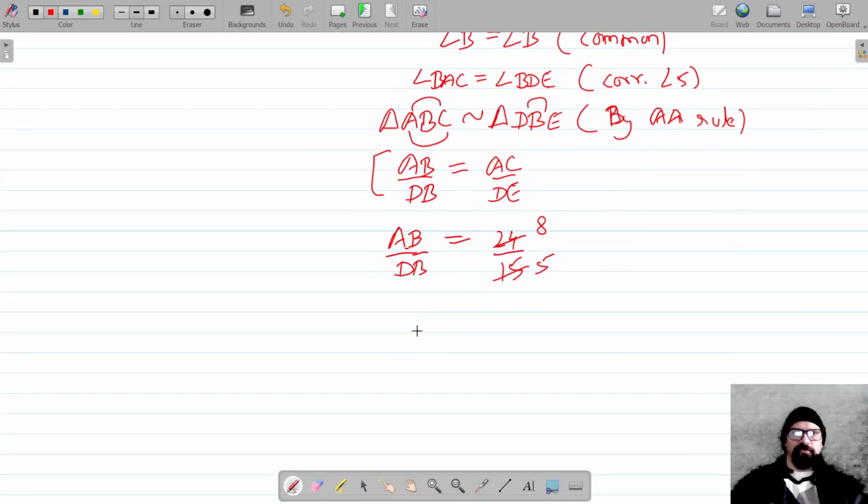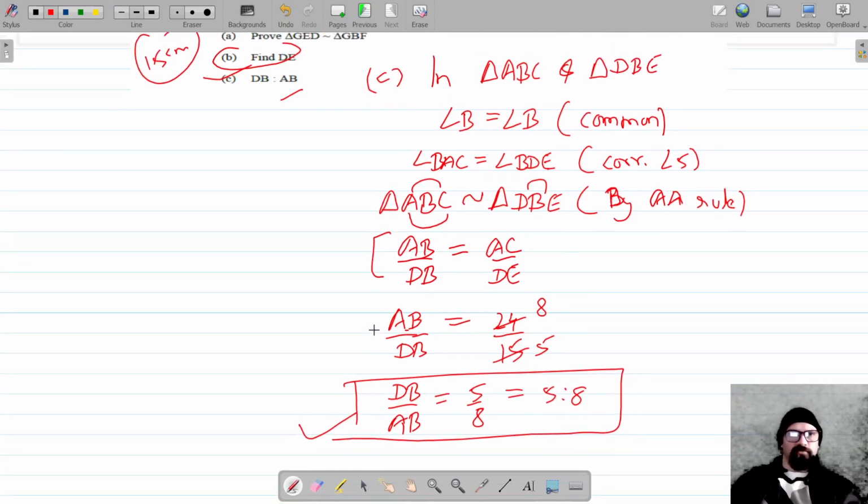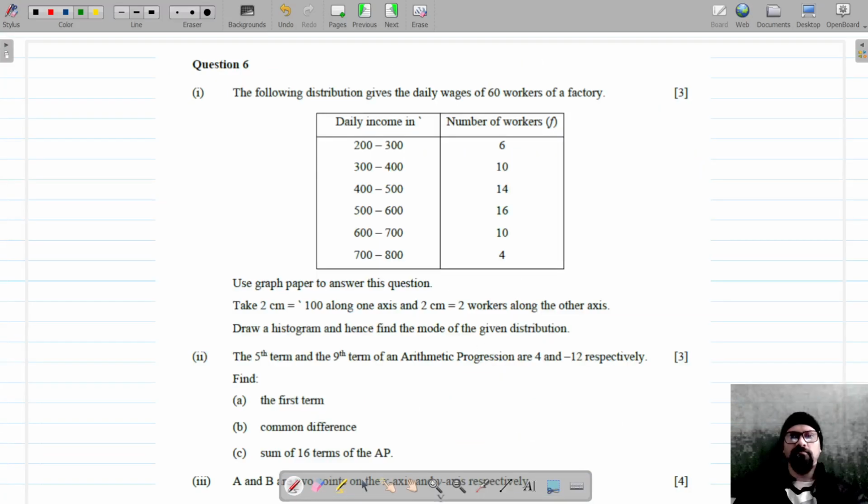But we have to find DB is to AB, so DB is to AB is equal to 5 by 8, which is equal to 5 is to 8. So the required ratio is 5 is to 8. Let's move on to the next question.